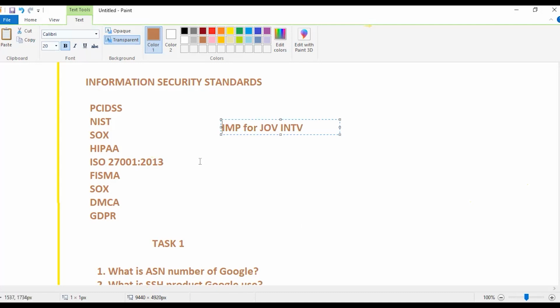These are important for job interviews when you're applying for a cybersecurity analyst role. It is really important and mandatory to know all these information security standards.